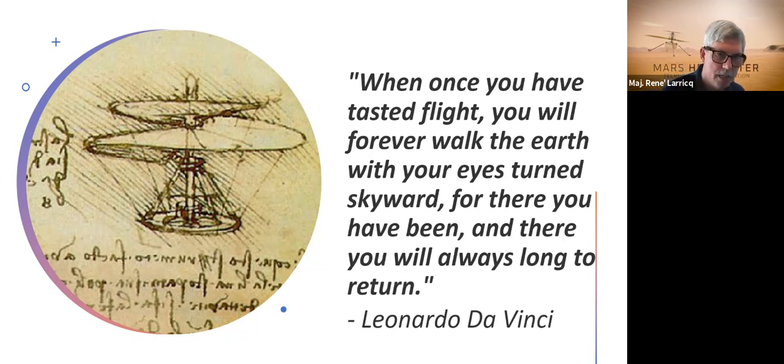If the letters below look funny, he wrote backwards so that people couldn't understand. He was kind of secretive, and he actually wrote backwards in a mirror, I think, so that he could keep what he was writing secret. But you can tell from the picture what he was trying to design was basically a helicopter. Of course, they didn't have the technology then to really make it work.